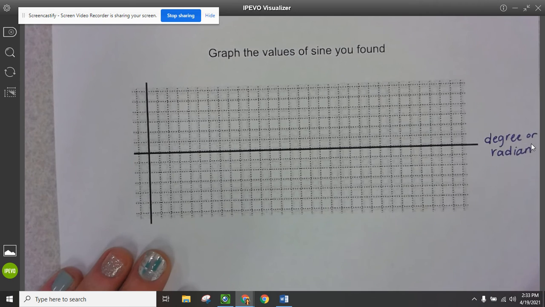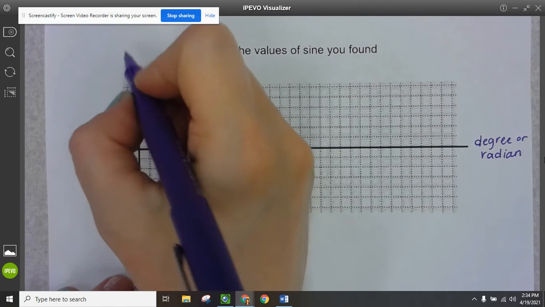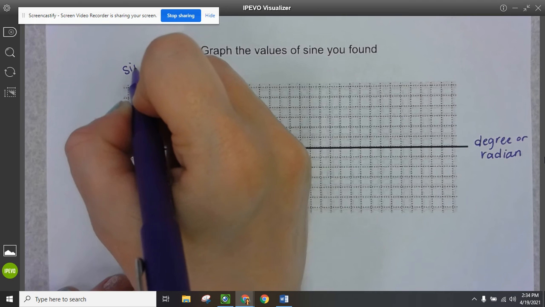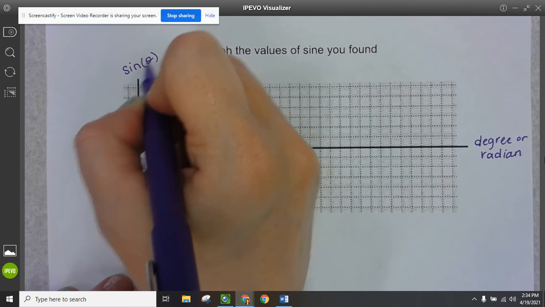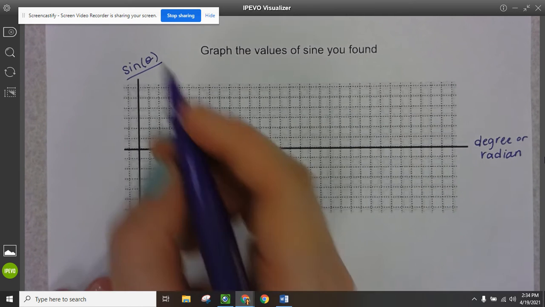And I'm going to use radians just because that's normally what we would see. And along the y-axis here is going to be our sine value. So I need to be able to graph values like 0, 0.71, and 1.